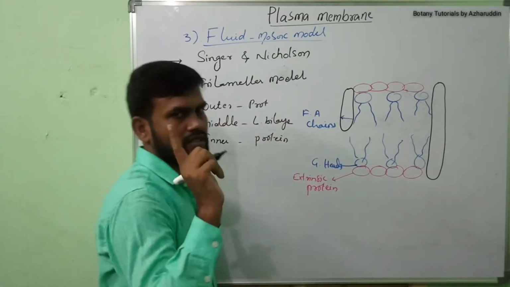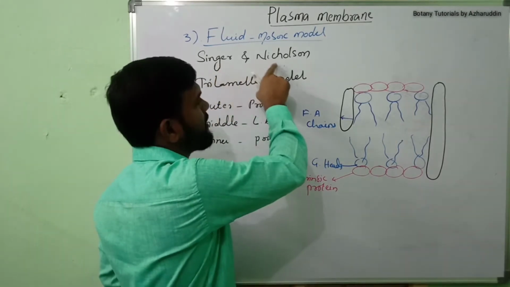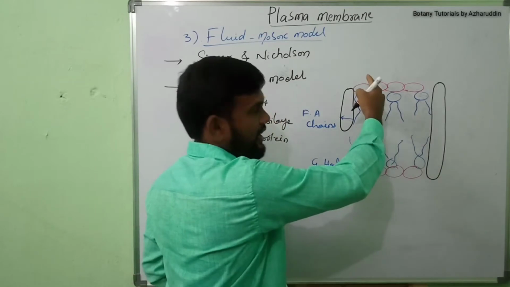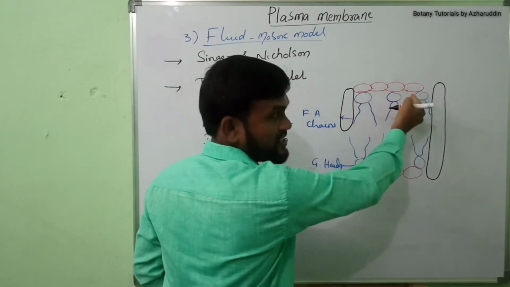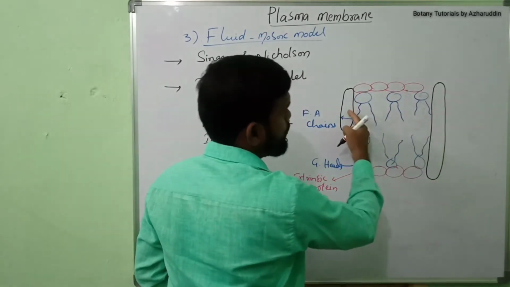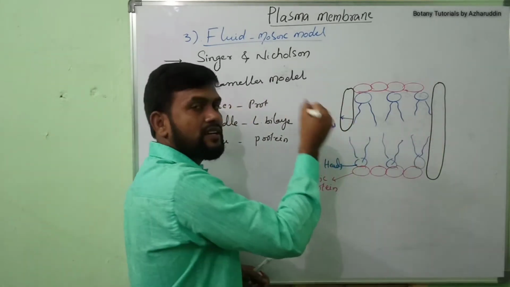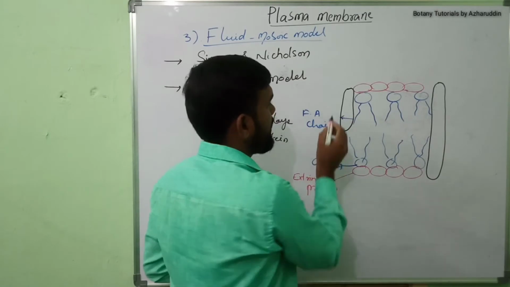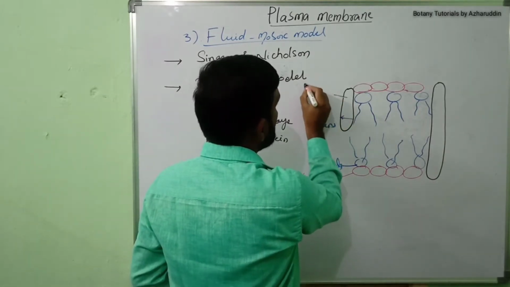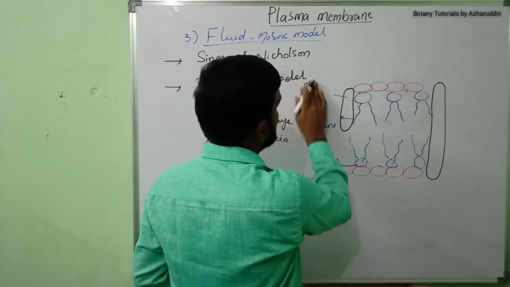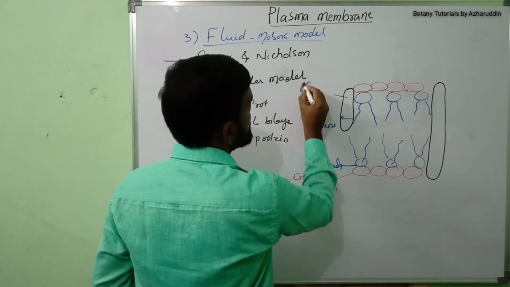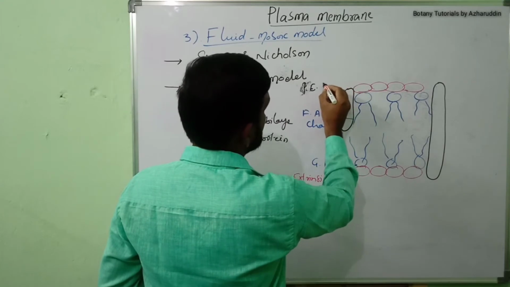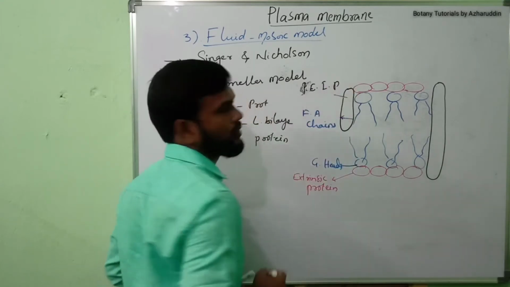I understand. Proteins are of two types according to Singer and Nicholson: extrinsic proteins and intrinsic proteins. Extrinsic proteins are present outside the phospholipids, and intrinsic proteins are partially or completely embedded in the phospholipid bilayer. These are partially embedded intrinsic proteins.